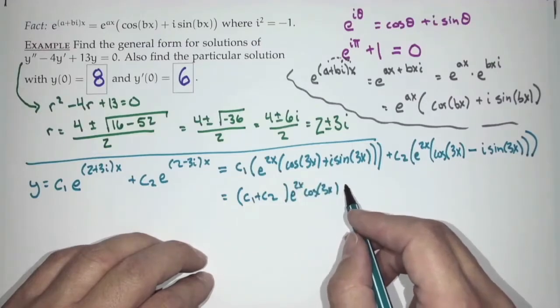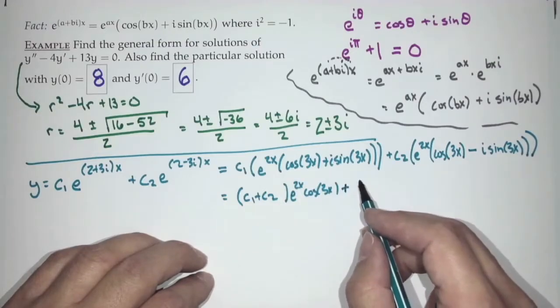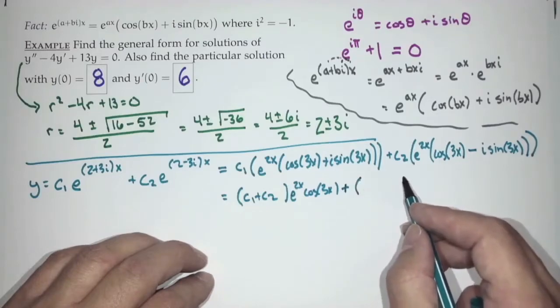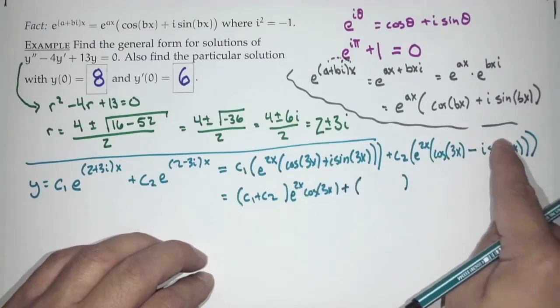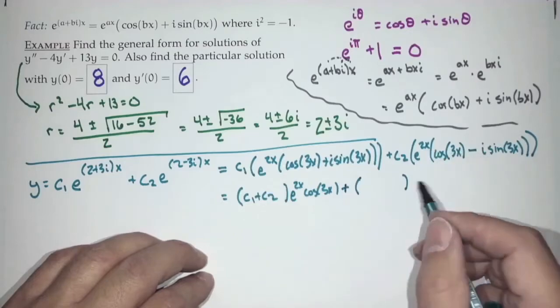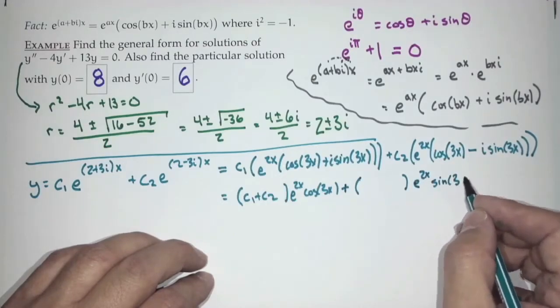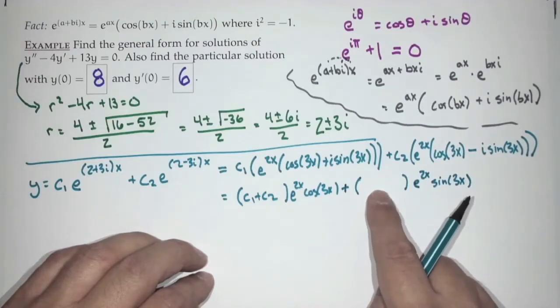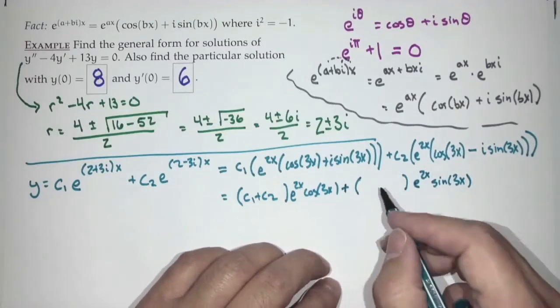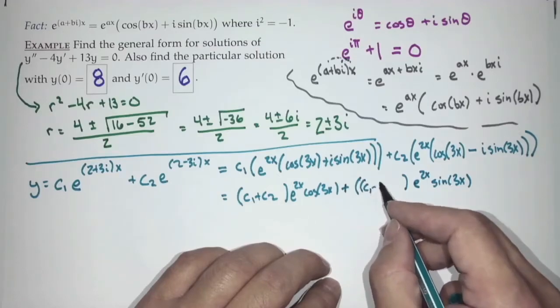What else can I do? Well, the other thing is I have e to the 2x sine 3x, and that shows up in a couple places. Let's gather those together. What goes in front of that? It'll be C1 minus C2.